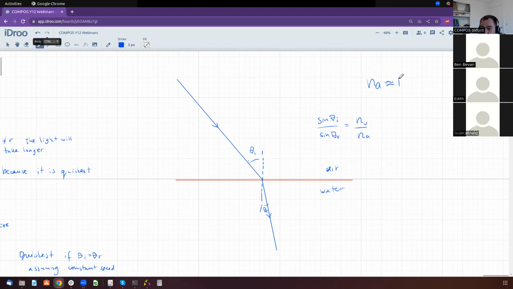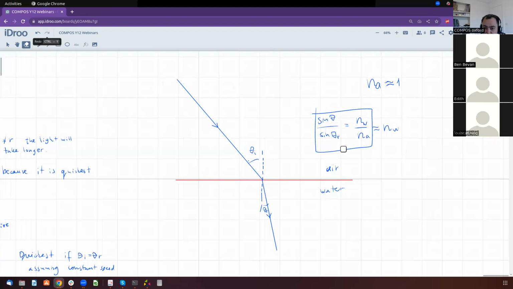It's approximately 1, 1.009 or something. It's really close. So this is approximately N_W. So sometimes you will see sine of the angle of incidence over sine of the angle of refraction equal to N written like this. What it actually is, it's this law, just with the assumption that N air is 1. So we'll scrap that. Let's write it properly.